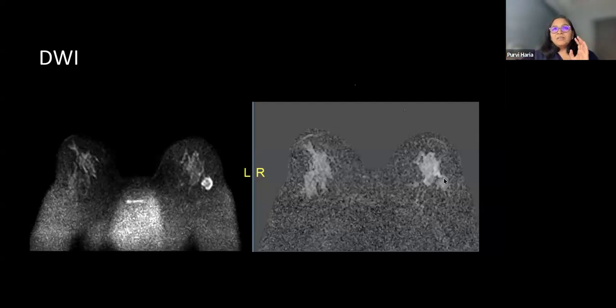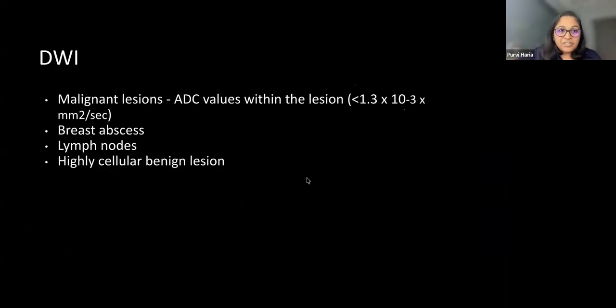So which kinds of lesions show restricted diffusion? Most malignant lesions will show diffusion restriction.